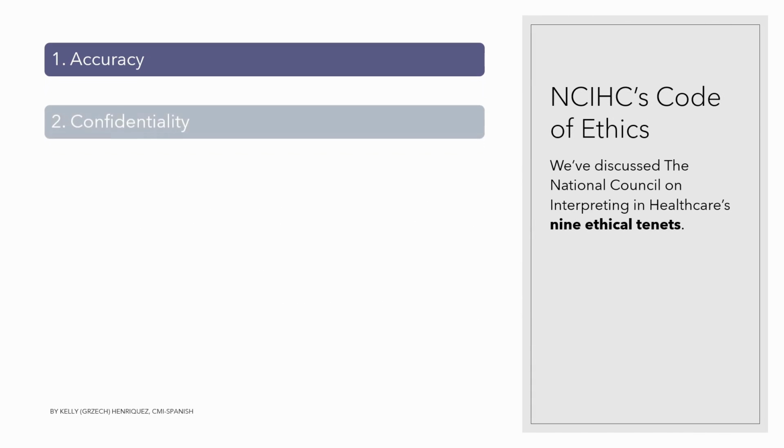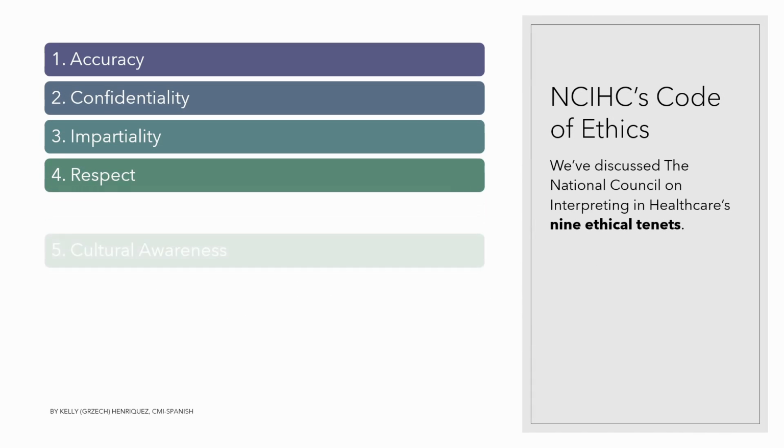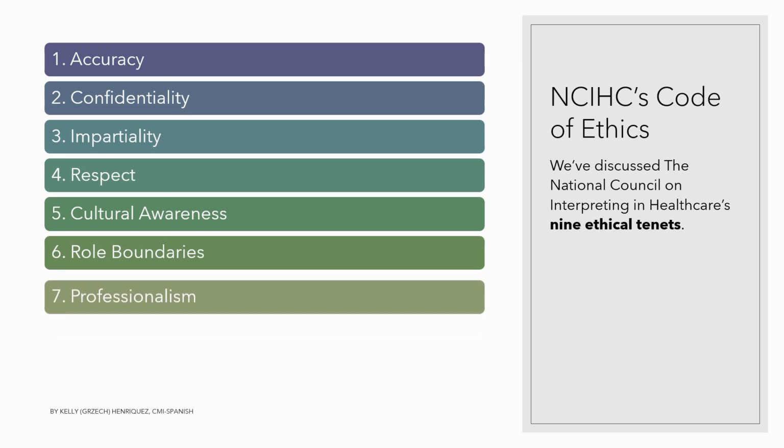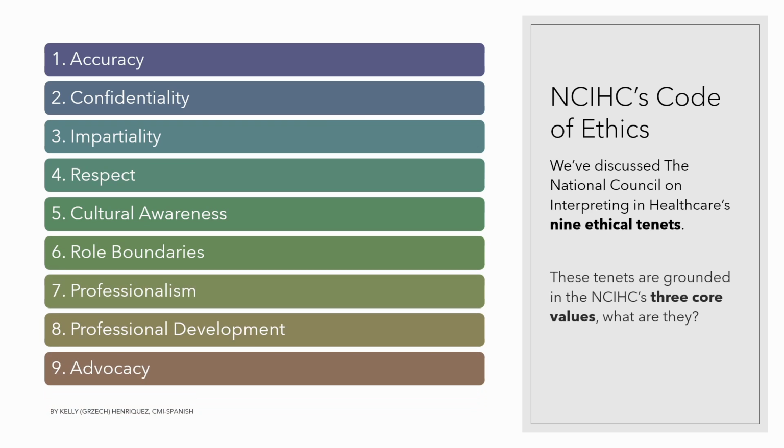So these are the nine ethical tenets from the NCIHC Code of Ethics. We have accuracy, confidentiality, impartiality, respect, cultural awareness, role boundaries, professionalism, professional development, and advocacy. A quick note: professionalism and professional development, according to the NCIHC, are two separate ethical principles.